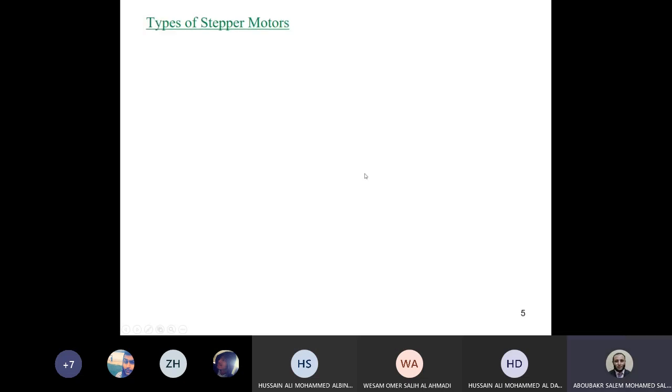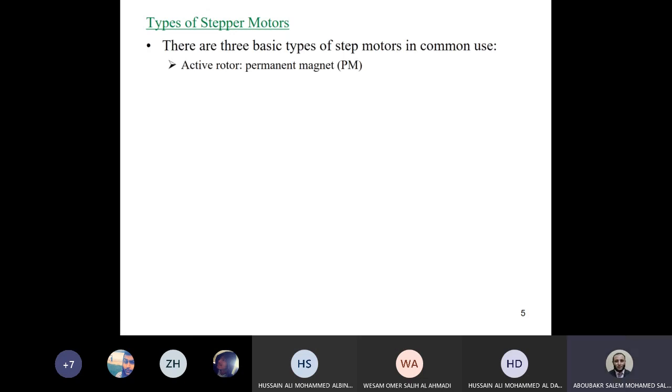Right. What are the types of stepper motors? We have 3 different types of this motor. One type is called the active rotor, which means the rotor itself is based on permanent magnets, so it's active.